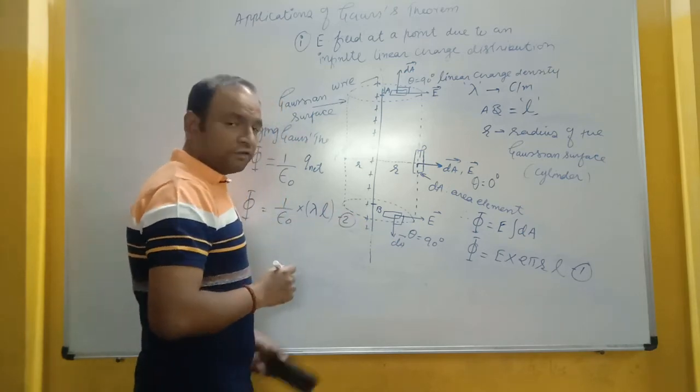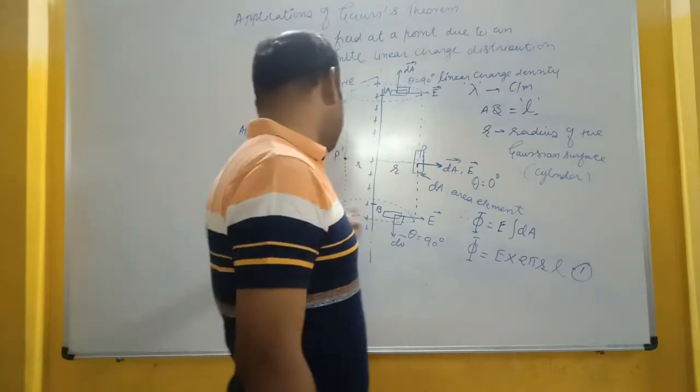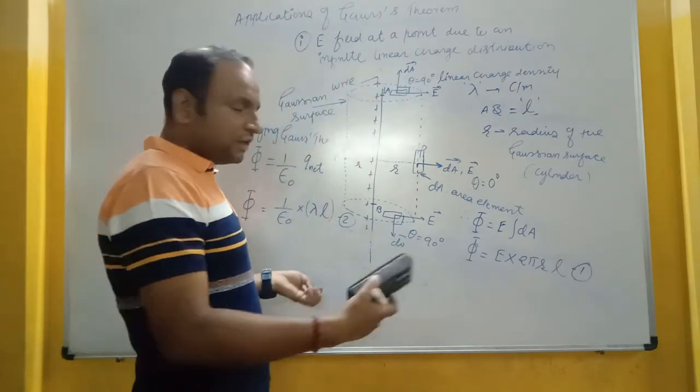If you look at equations 1 and 2, their left hand sides are equal. This is the flux, this is also the flux, so we can very well equate the right hand sides.